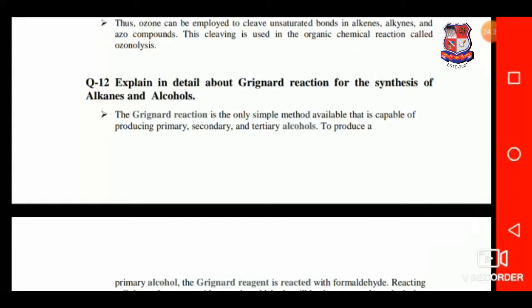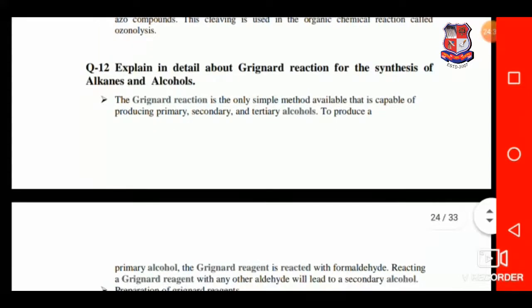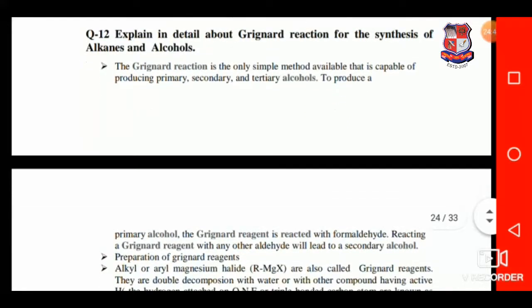Question number 12. Explain in detail about Grignard reaction for the synthesis of alkanes and alcohols. As we know, Grignard reagents are the most reactive compounds and are used for the formation of alkanes and alcohols.